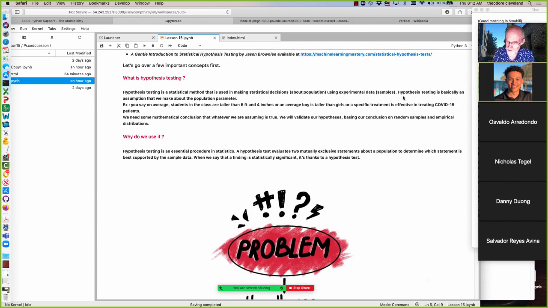Okay, so let's begin with what is hypothesis testing. So hypothesis testing, in this lesson, in this class, is a methodology based on some statistical inference requirements that's used in making decisions about population behavior. And those decisions are based on what we can see, our experimental data or our sample. So from a sample, we infer information about the population.